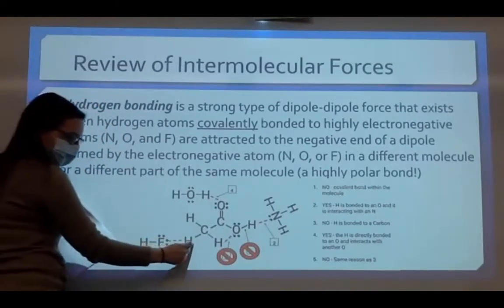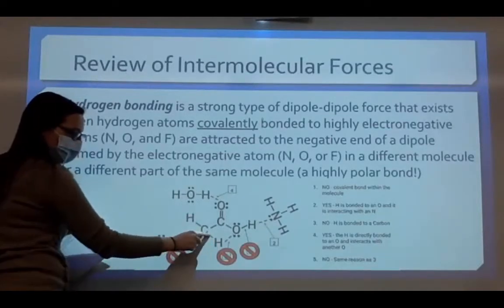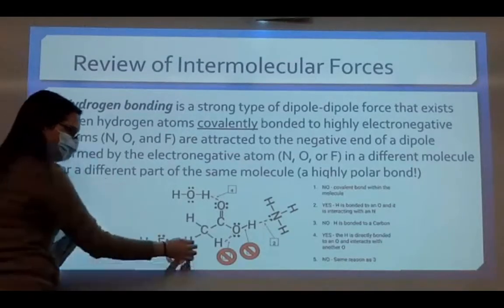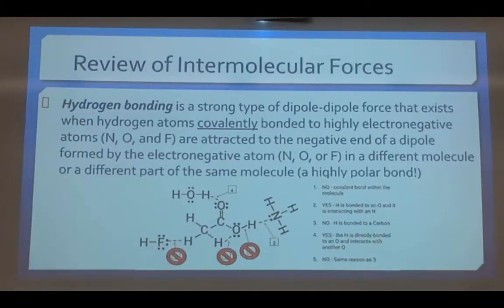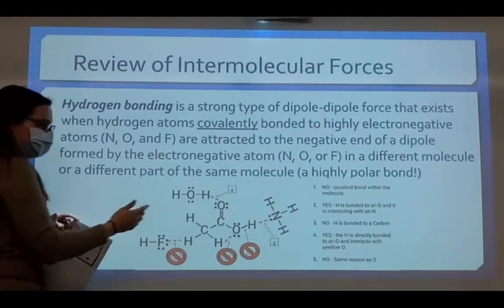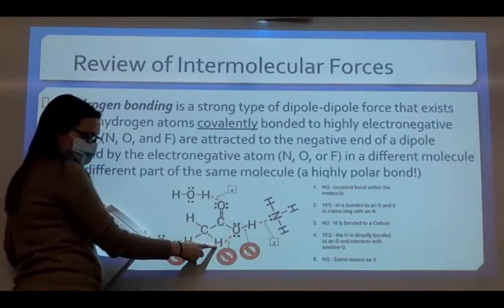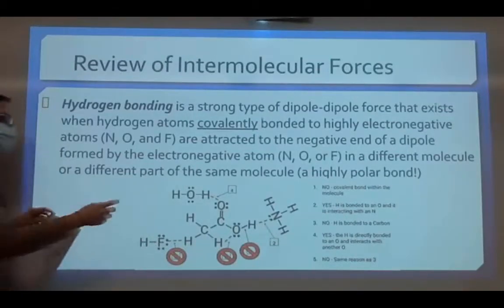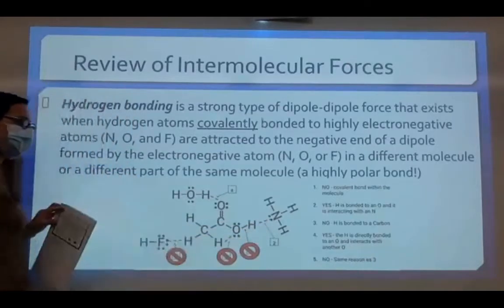Because if you notice, the hydrogens here were not covalently bonded to N, O, or F. In order for it to be a hydrogen bond, the hydrogen itself needs to be covalently bonded to N, O, or F, and then attracted. So yes, this hydrogen is attracted to an oxygen, but it's not covalently bonded to N, O, or F. Number 4 shows a correct hydrogen bond, and number 2 shows a correct hydrogen bond.